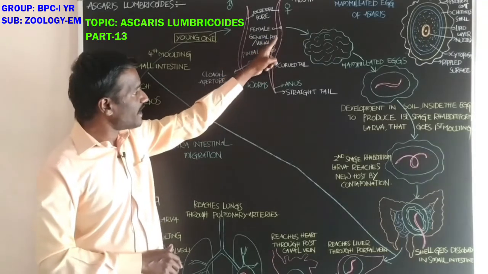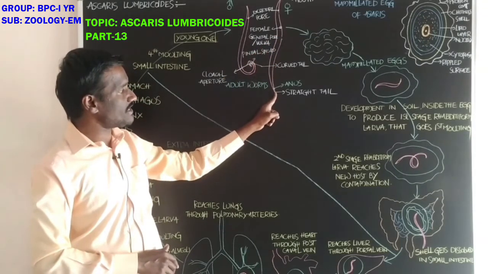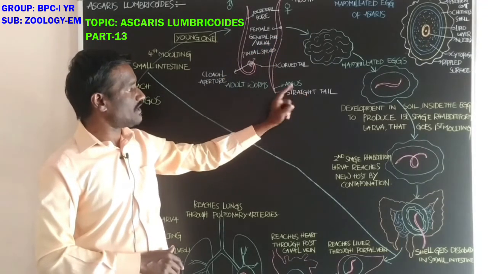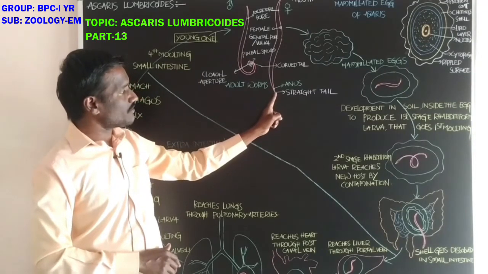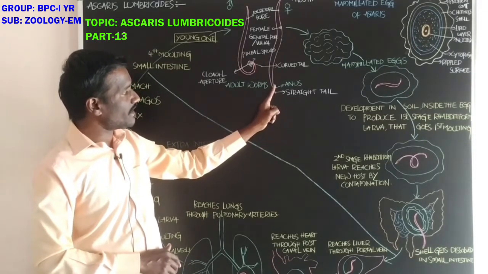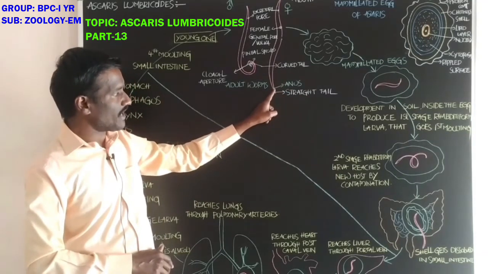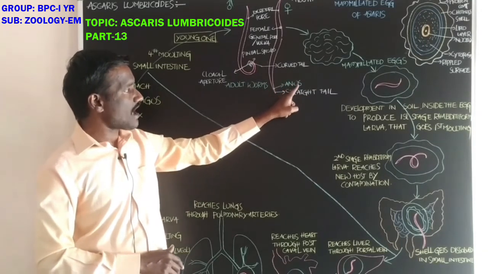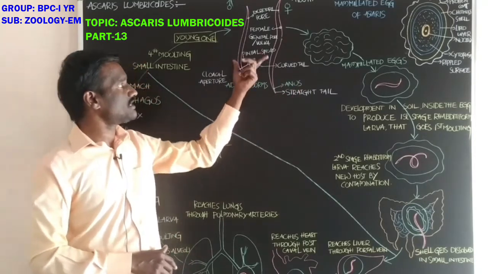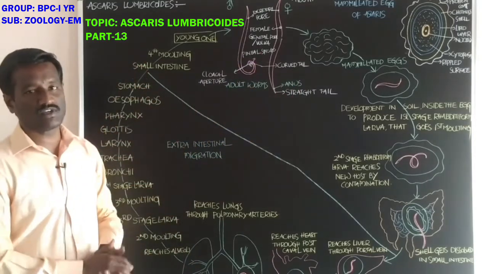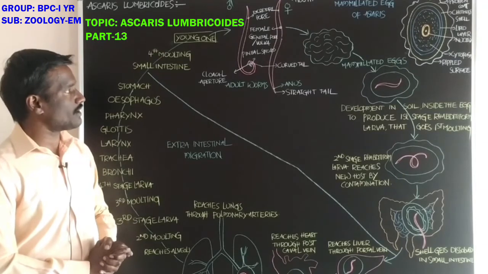Students, a straight posterior end is present in females, and near the straight tail end there is an aperture considered as the anus. This is the differentiation between the male and female worms.